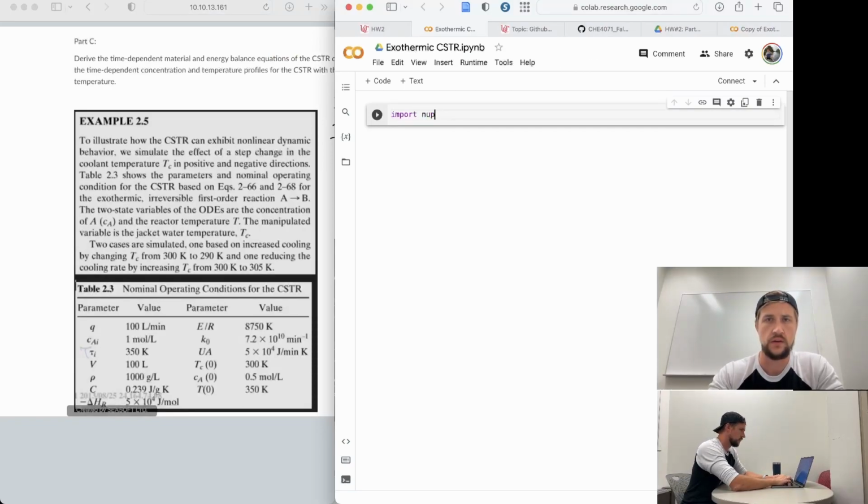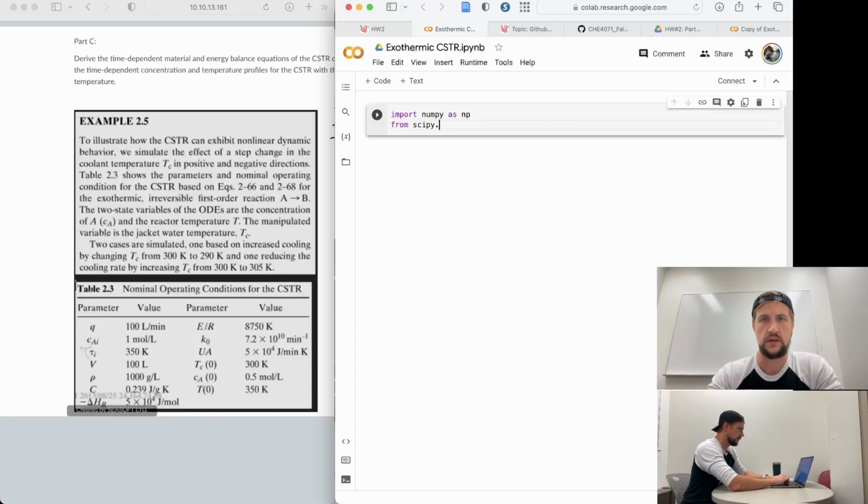Import numpy as np, from scipy.integrate import solve_ivp, because this is the tool we'll need to solve our multiple ODEs that we've just derived. And then from plotly.subplots, because we're going to plot in order to simulate what is actually happening.